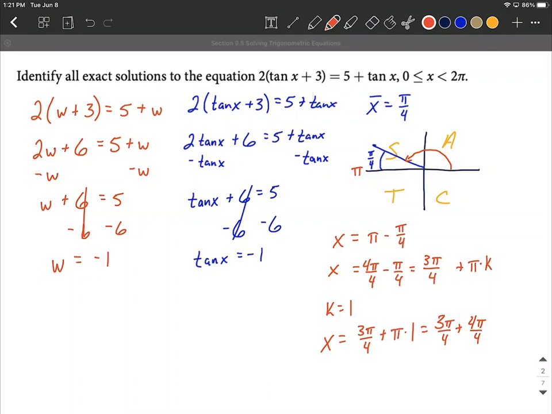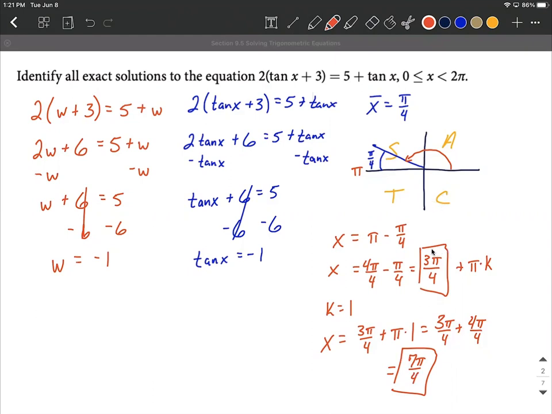Then simplifying down with that common denominator, keeping the common denominator and combining our numerators, we get 7 pi over 4. It still fits, it's a little bit smaller than 2 pi. That's going to be the angle in the fourth quadrant. It would also give us a solution on this one. So our two solutions in this case are 3 pi over 4 from the second quadrant and 7 pi over 4 from the fourth quadrant.